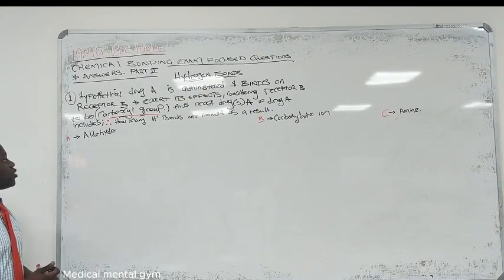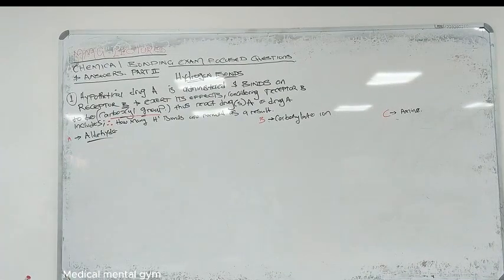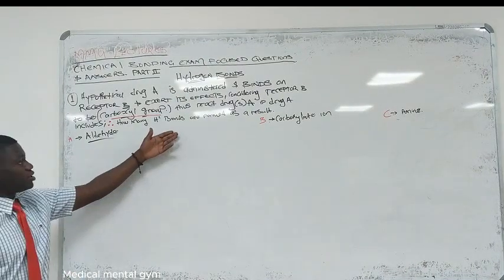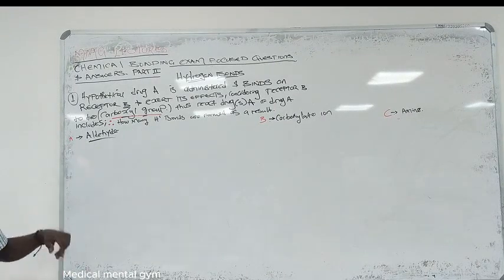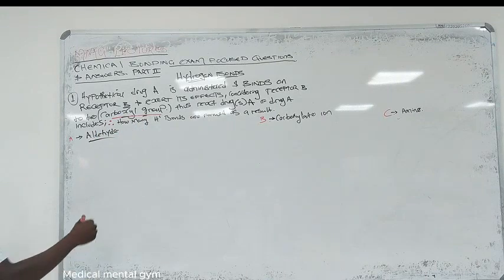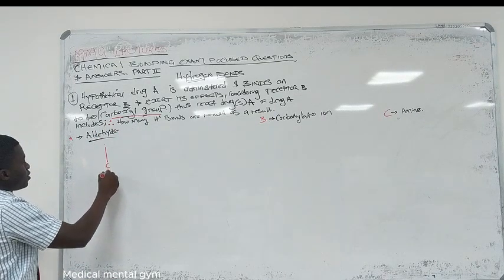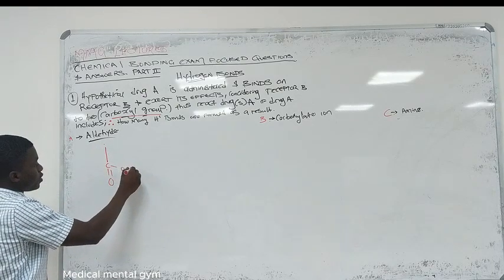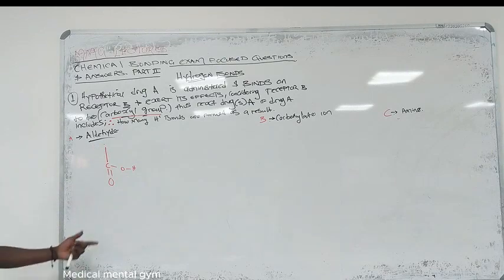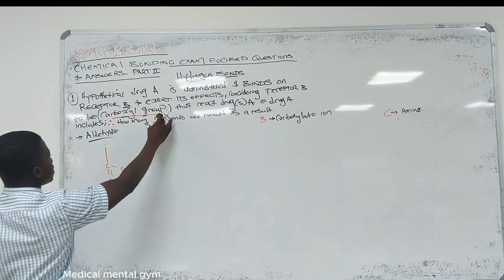Okay, so our question 1 is aldehyde. How many hydrogen bonds are formed as a result? So we'll put our receptor, which is of a carboxyl group. This is the receptor we have based on the question.